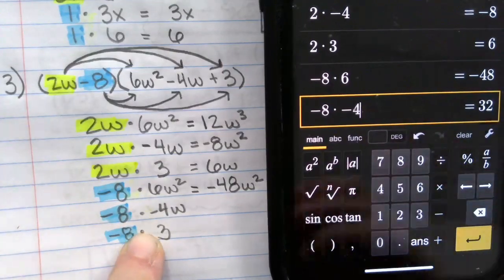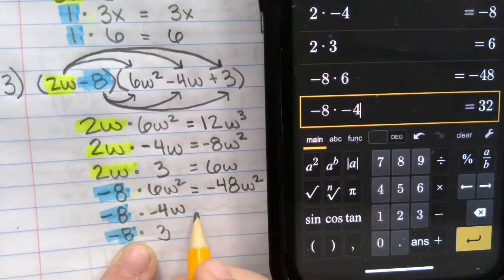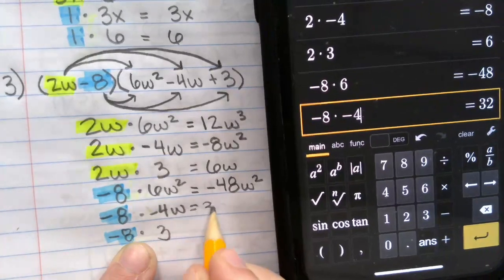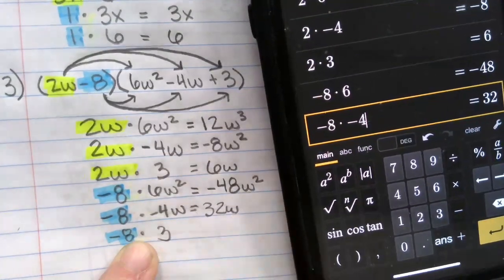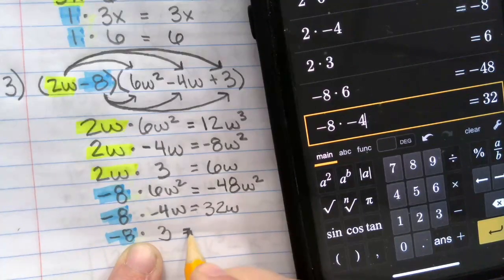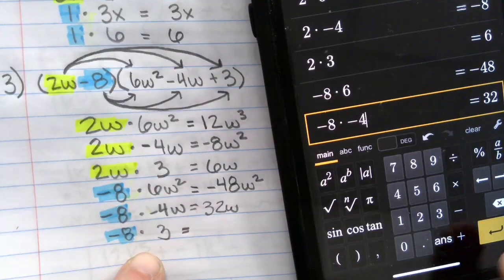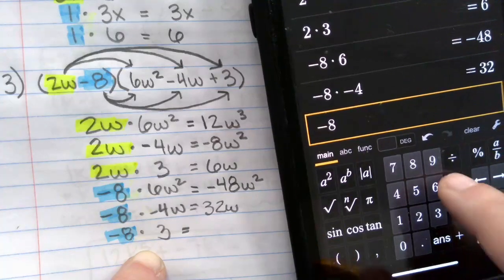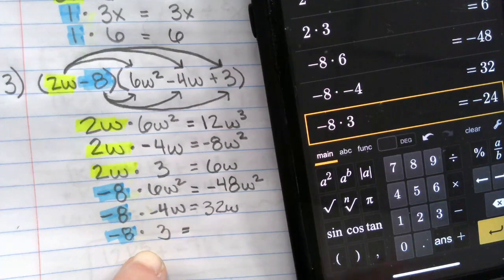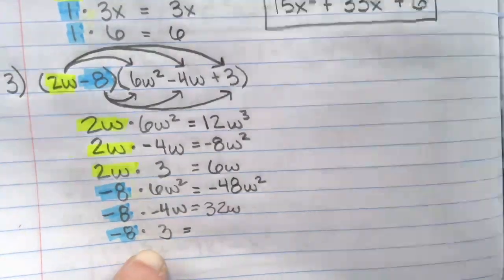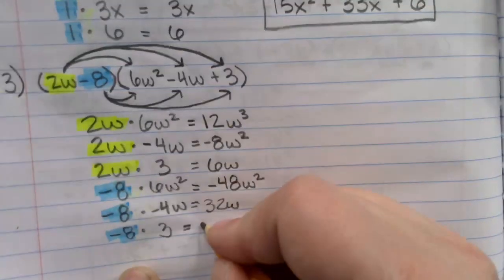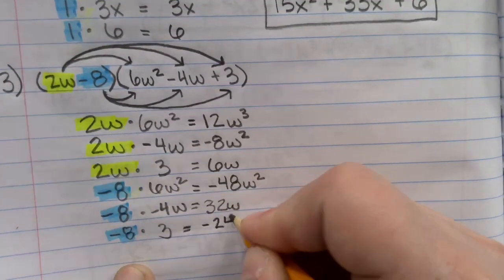Negative times a negative, positive, so positive 32W. And then negative 8 times 3, negative 24. All right, now we need to take all these parts and put them together into our final answer.